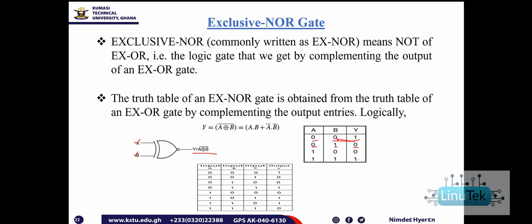And then 1, 1 is complemented to 1. And then this truth table you find here is basically a truth table for a 3-bit input XNOR gate, where the possible combinations are 8.